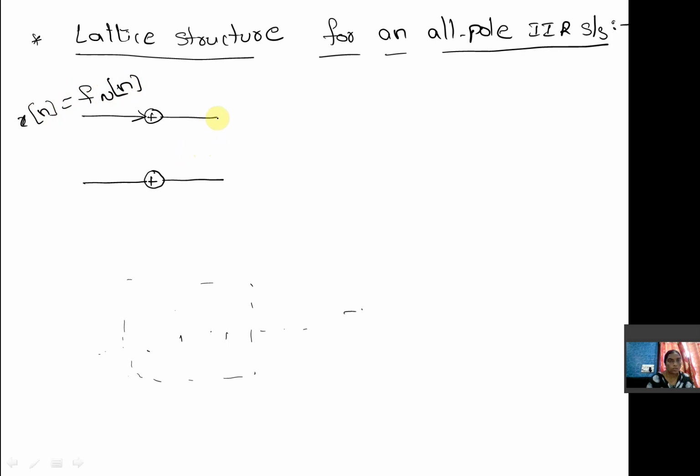Now here this is the delay Z inverse, and here is the point. What is that? Fn minus 1 of n.